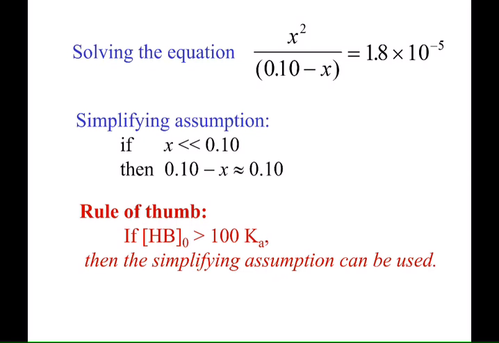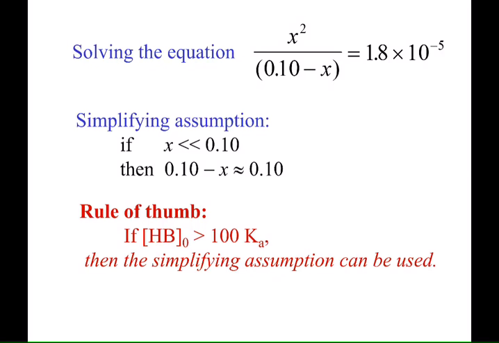Take that times 100. If your molar concentration, which in this case is 0.10, is greater than 1.8 times 10 to the negative 3rd, then it's probably going to work for you. Does that make sense? In this case, we're looking at 0.10 is this, and over here we have 1.8 times 10 to the negative 3rd. So if that inequality is right, then your simplifying assumption is going to be fine.